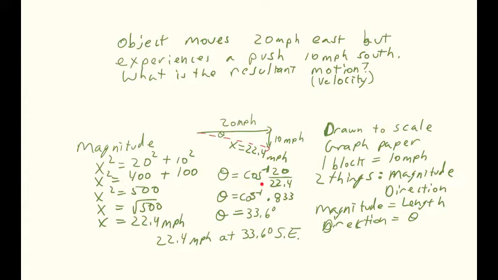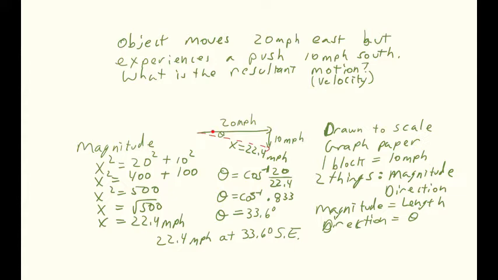I just did the inverse cosine: 20 over 22.4, since 20 miles per hour is adjacent and 22.4 is the hypotenuse. So the inverse cosine of 0.833 is 33.6 degrees. So my resultant is 22.4 miles per hour at 33.6 degrees southeast.